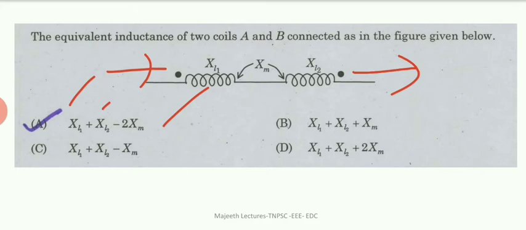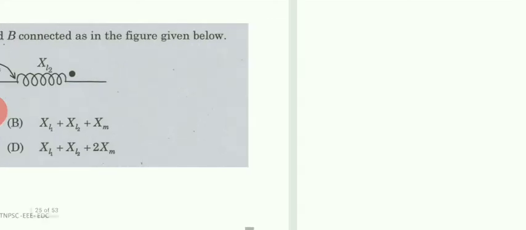So option A is the right answer. Suppose if the dot is here, it will be plus 2XM. Please remember the dot rule: when in one inductor the current is entering and in the other it is leaving, it should be minus. If current is entering at both the inductors, it should be plus 2XM. So option A is the right answer.